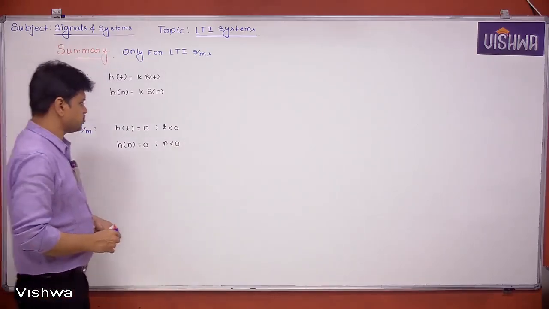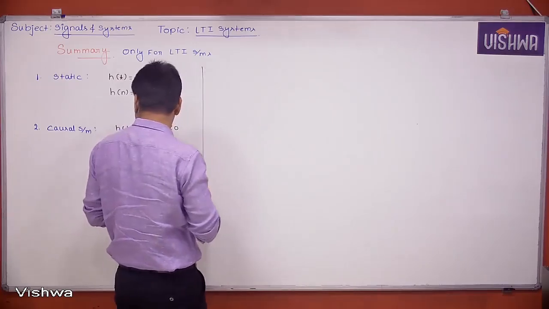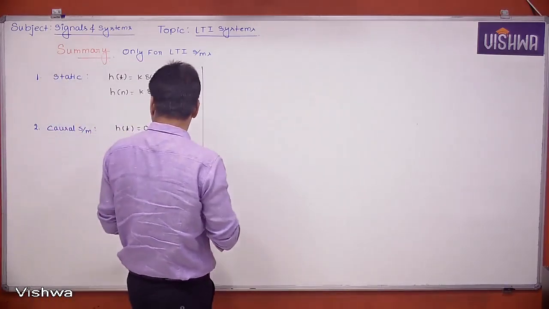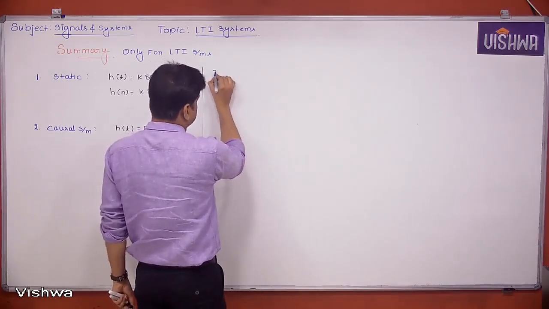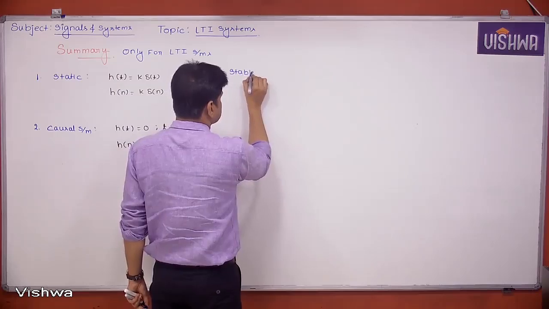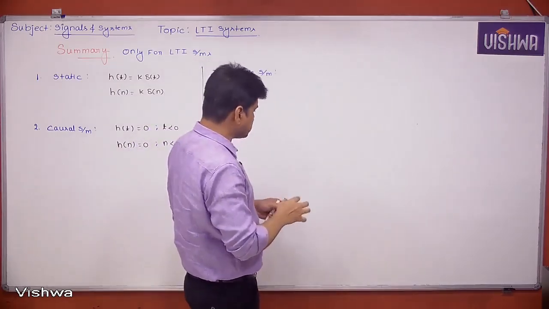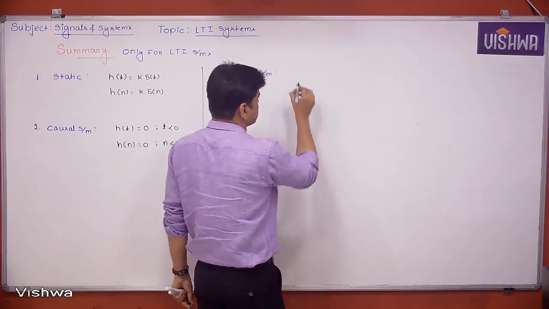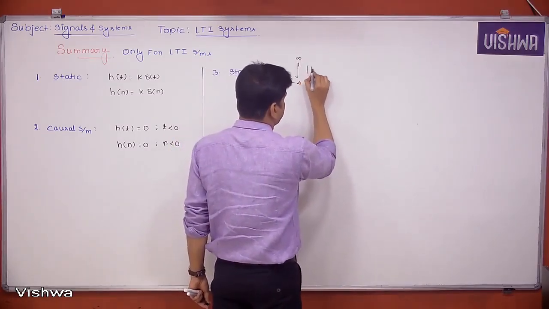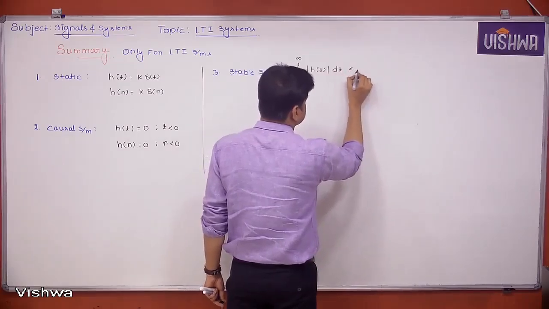Next, the third category, stable system. For a stable system, what is the condition on h of t? That must be integral from minus infinity to infinity of mod h of t dt is less than infinity.